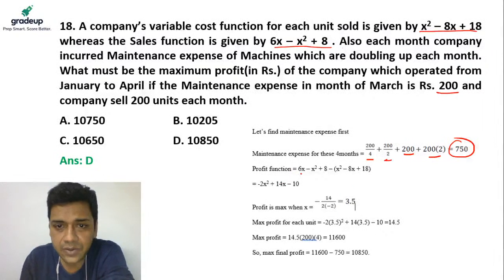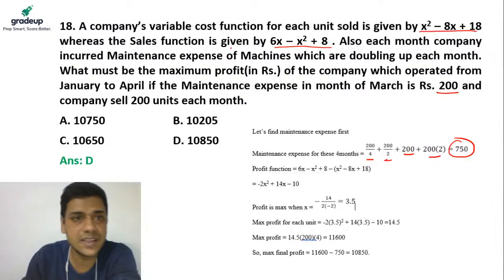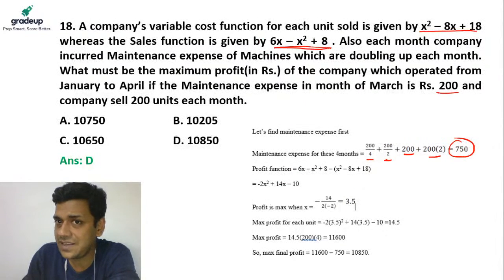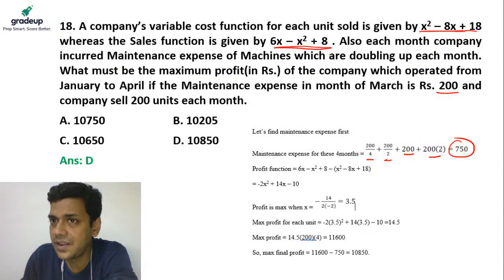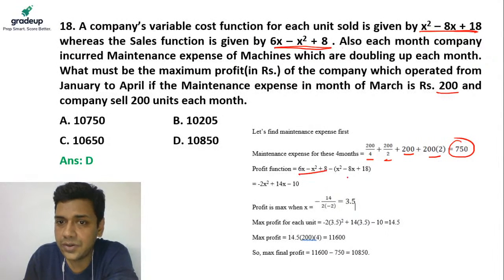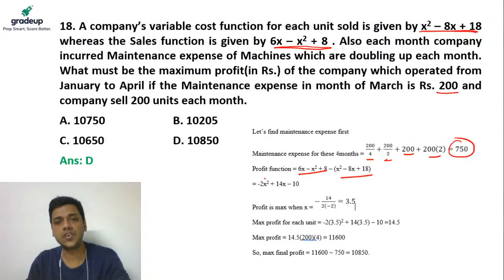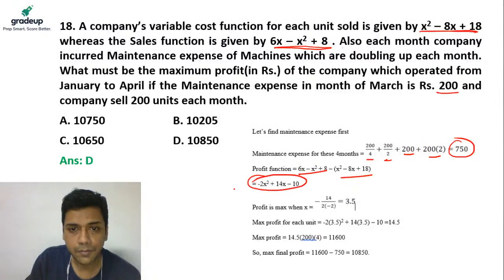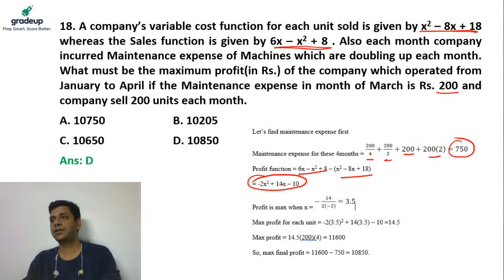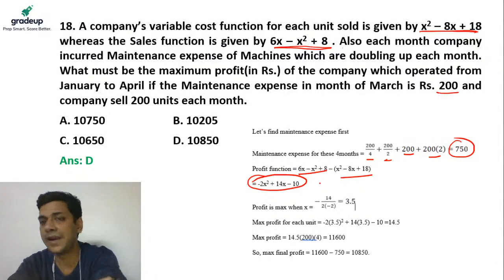Now coming to the profit. Profit is nothing but sales minus cost. This is my function of sales, this is my function of cost, so sales minus cost is my profit, which comes out to be minus 2x square plus 14x minus 10.